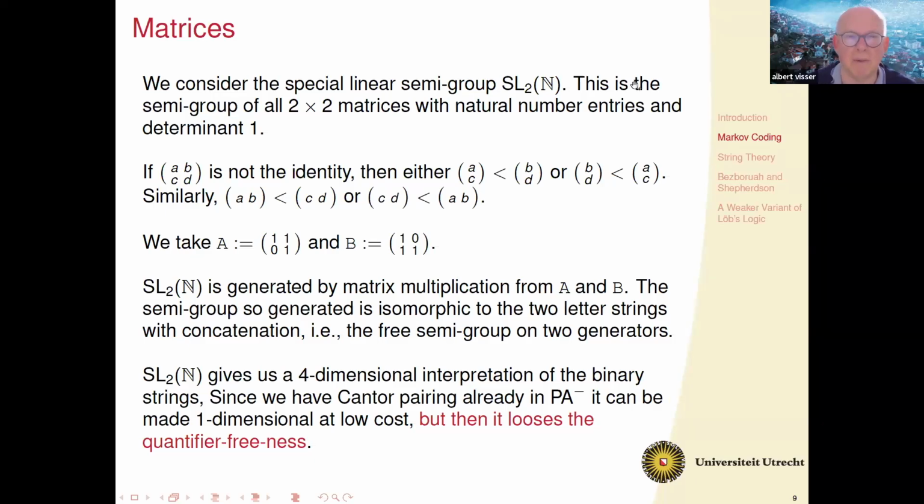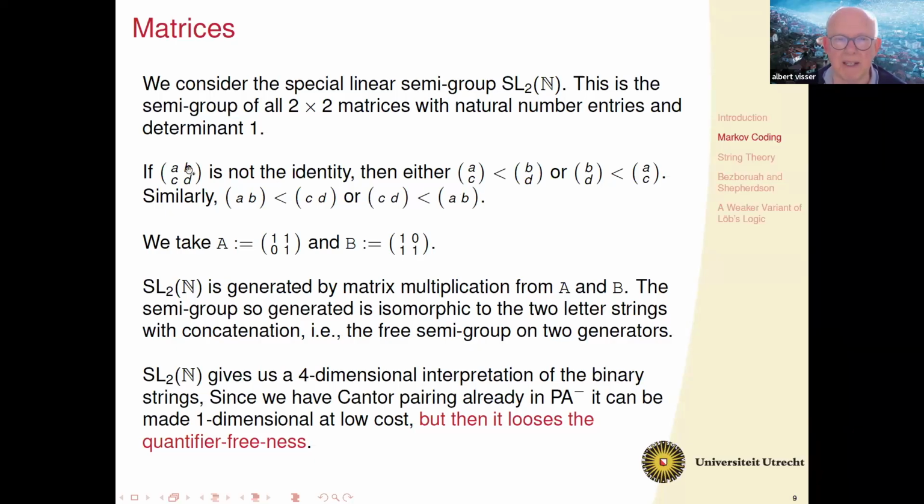What are these objects? Well, I call them A and B to suggest letters. The one is the matrix (1, 1; 0, 1), and the other one is (1, 0; 1, 1). It's an easy exercise to prove that these two precisely generate freely the binary strings.